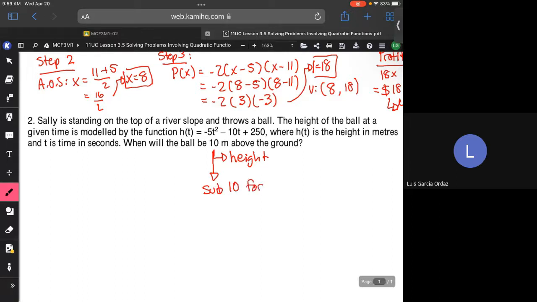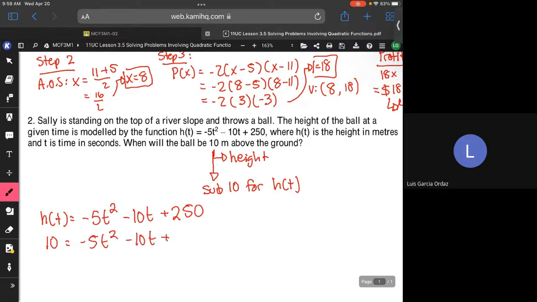For h of t, which is the left side of the equation. So I have h of t is equal to negative 5t squared minus 10t plus 250. Because I'm trying to figure out when my ball hits a height of 10 meters, h of t is going to become 10 is equal to negative 5t squared minus 10t plus 250.